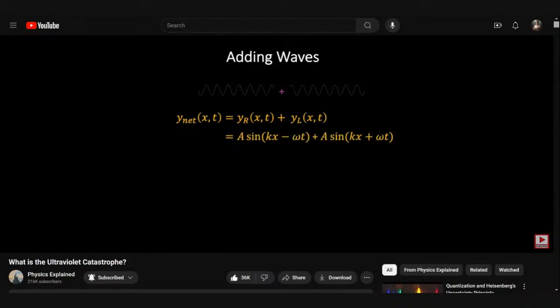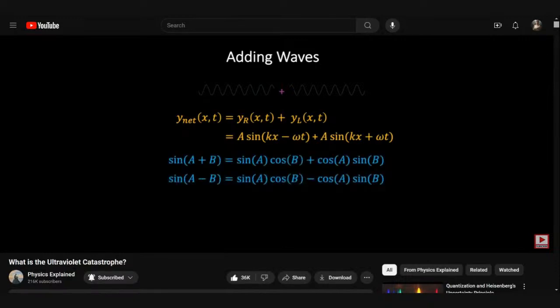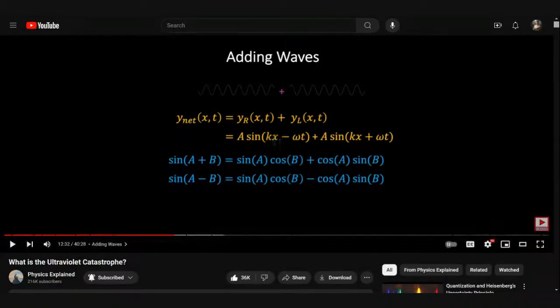Now, we can simplify this expression by using some trigonometric identities, in particular sine of a plus b and sine of a minus b. If we add these two trig identities... Okay, so this is sine of a minus b and sine of a plus b. So sine of a plus b is sine a cosine b plus cosine a sine b. I don't know how to derive this.